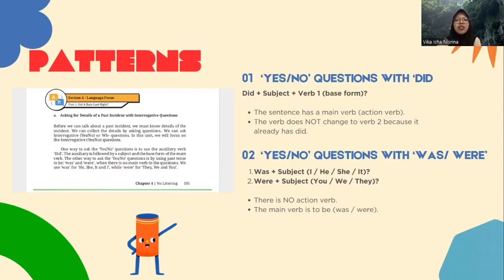For the 5W, this is what, when, where, who, and why. You have to remember what, where, when, who, why.